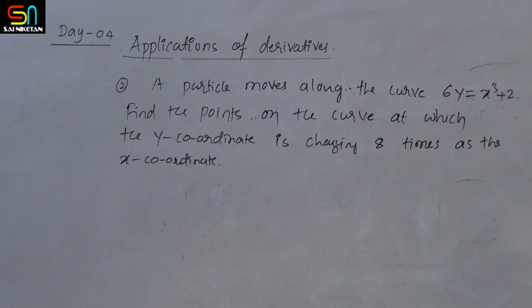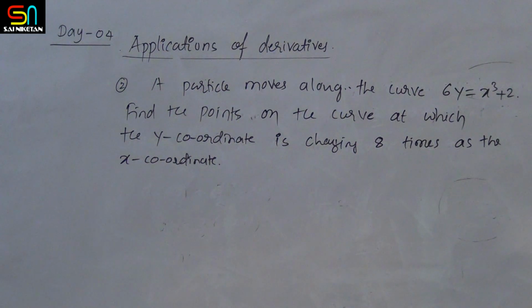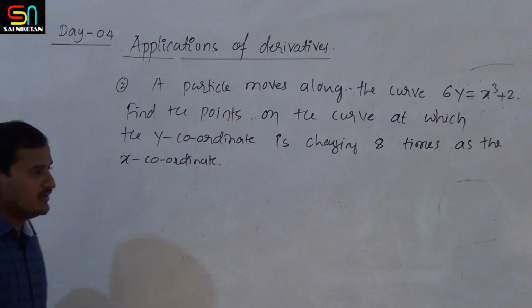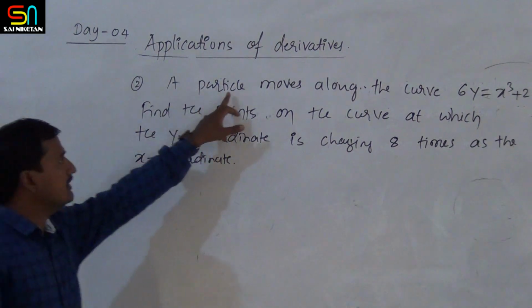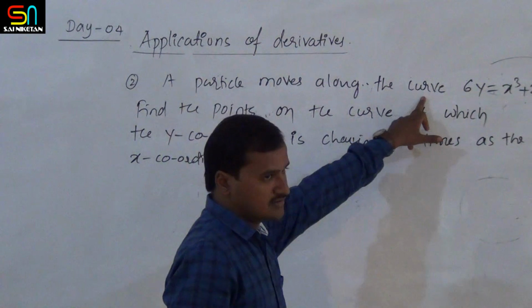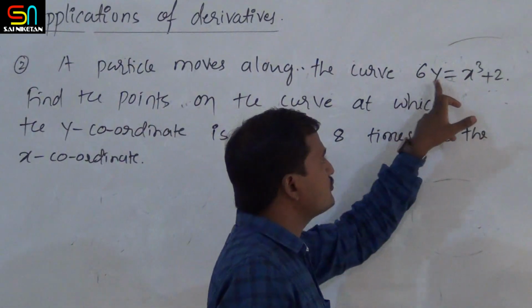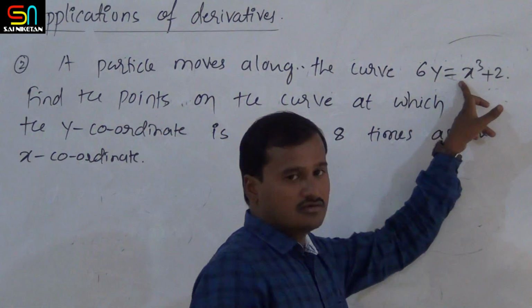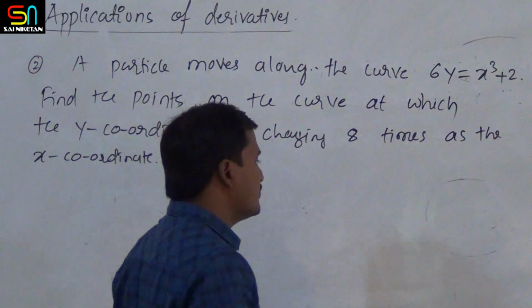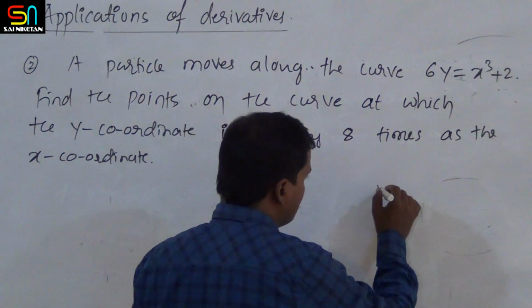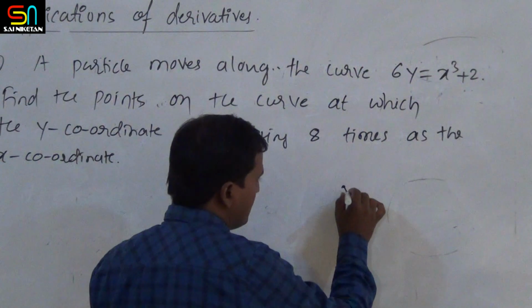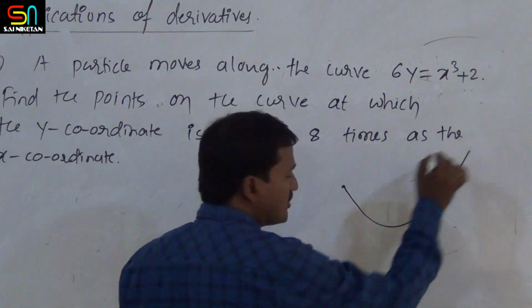Now you have to read the question carefully before solving this one. So clearly what they have given, first you should array. A particle moves along the curve, that is 6y is equal to x cube plus 2. Suppose, just imagine, here it is a particle P. This particle is moving along this curve, right?